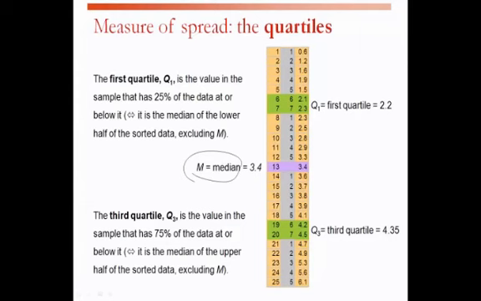Next, look at the values below the median. We have 12 of them. If you have an even number of items, what is the median value? The average of the middle two. The average of the middle two is right here. That is the 25th percentile.